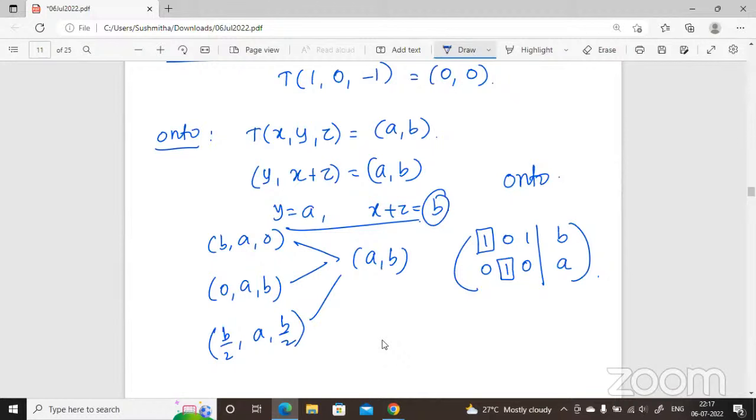So there is one independent variable, so infinitely many solutions. That's why we are having multiple pre-images. I'll give one more, (b/4, a, 3b/4). For any such values, x plus z should be equal to b, and I can produce infinitely many such values, right?